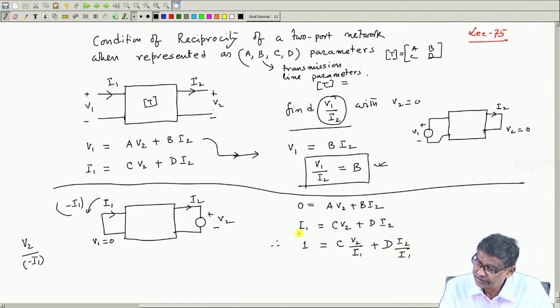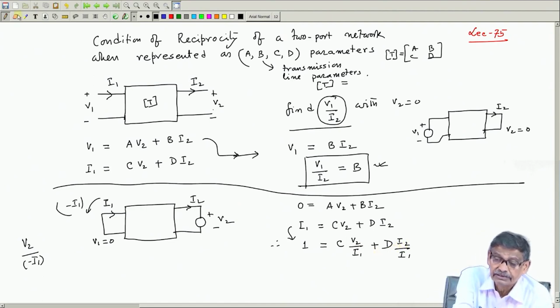Now, who will give me this I2 by I1? V2 by I1 is what I have to find.